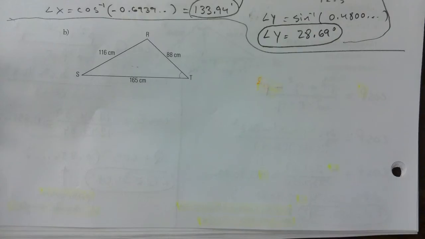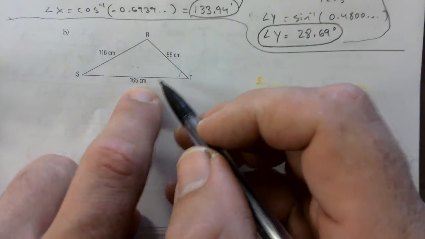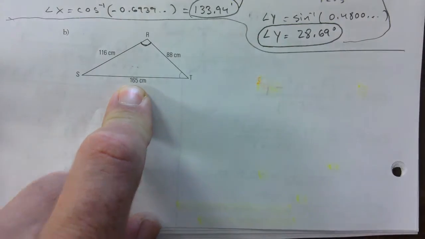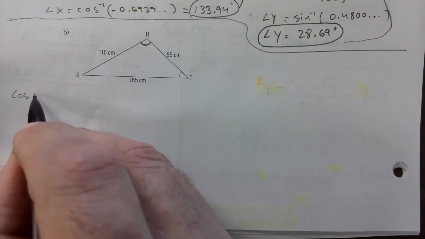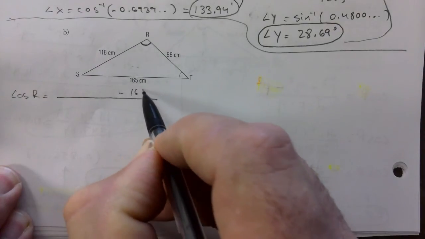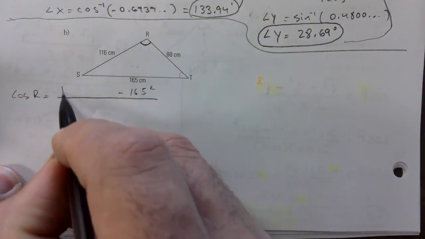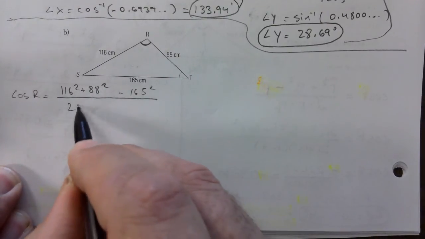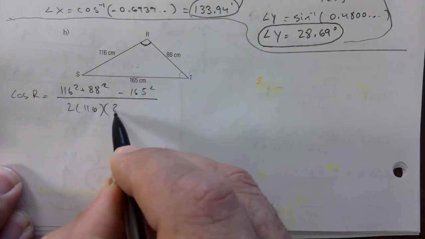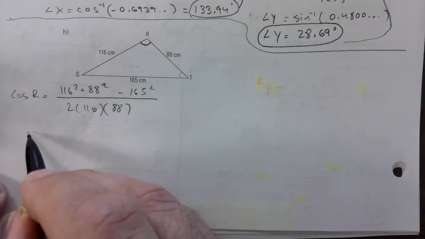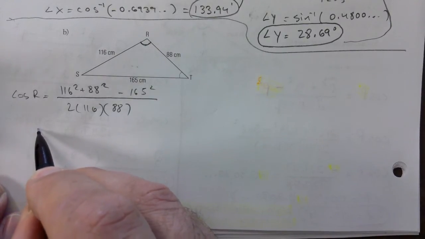Okay. Let's try this one here. Largest angle is going to be right here. Okay. So cosine of r, I'm going to go minus 165 squared right there. Take the other ones, put them there. 2 times 116, 88. How about I do this?